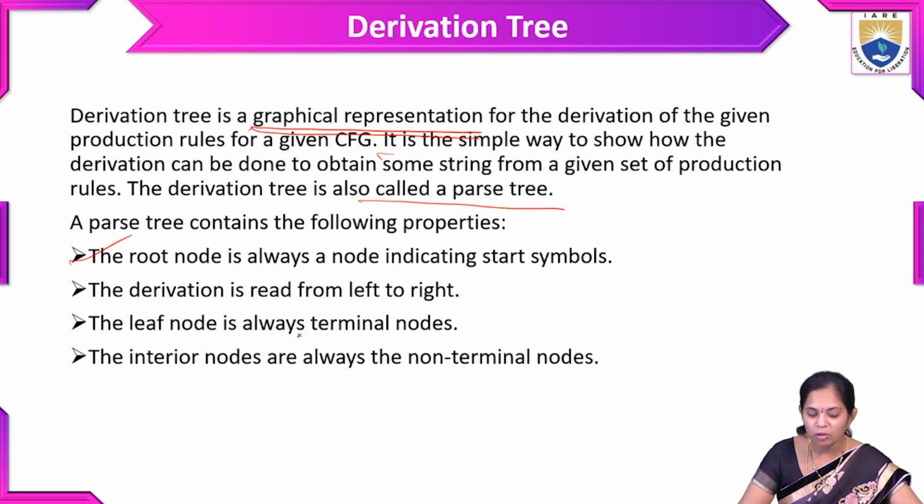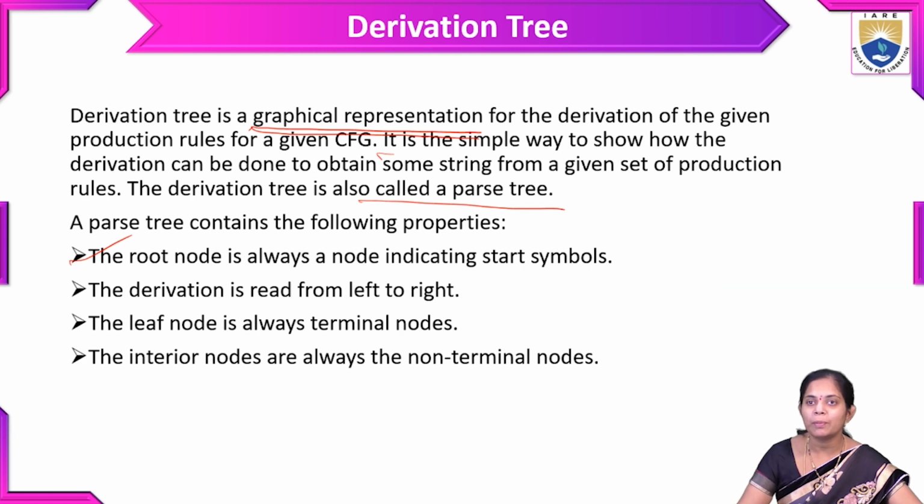The leaf nodes are always terminal nodes, like the input symbols. And the interior nodes, in the middle of the parse tree, are always non-terminal nodes. We will discuss this more with the example.